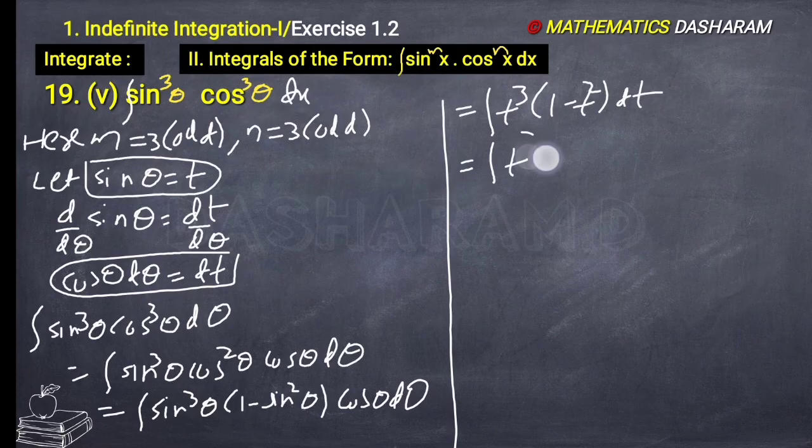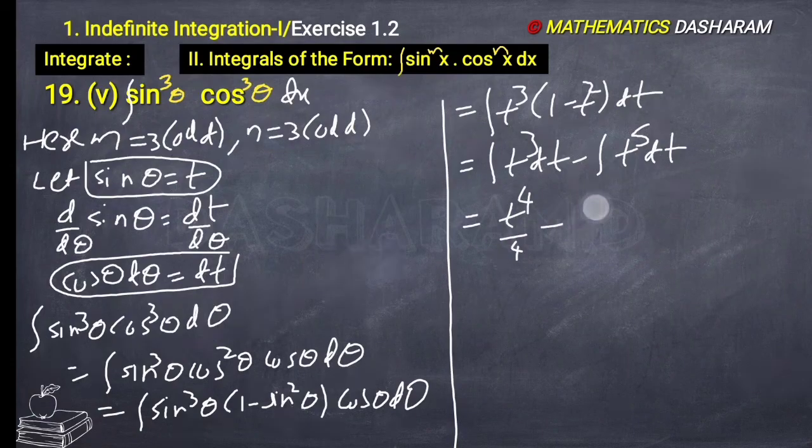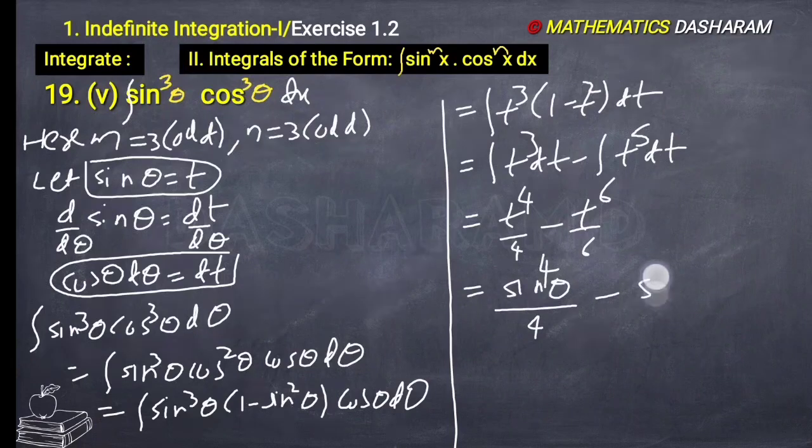So t cube dt minus t to the power of 5 dt. So t to the power of 4 by 4 minus t to the power of 6 by 6, and the t value is sin theta. Next, sin to the power of 6 theta by 6 plus c is our required answer.